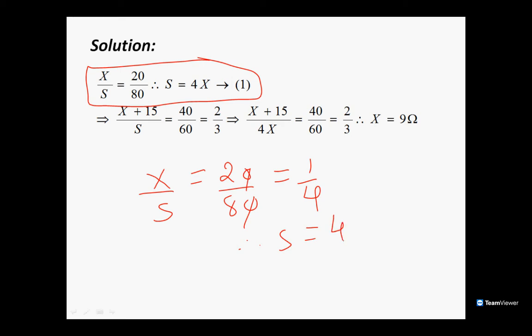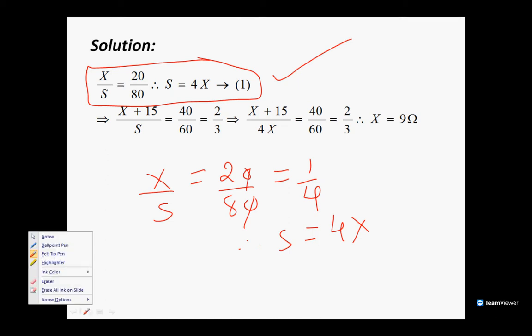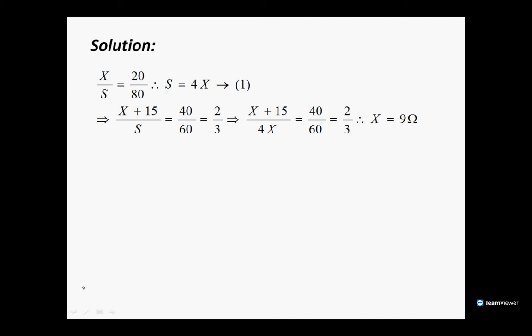Therefore, S equals 4X. This is the first part. In the second part, I already told you that the 15 ohm is connected to the smaller resistance. Here you see X plus 15 ohm, that is what I connected.